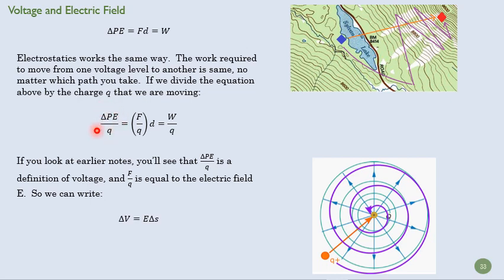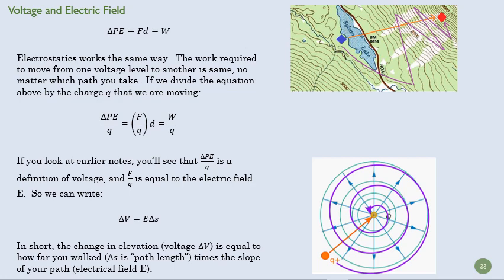So there's our voltage, that's delta V, the change in voltage. That is the change in potential energy per unit Q, right? Like the elevation from 0 to 10 meters. It tells me if I move from point A to point B, how much potential energy I'm going to get per unit Q is equal to our electrical field times delta S here, and that delta S is the same as D. It's basically your path length, where you've walked.